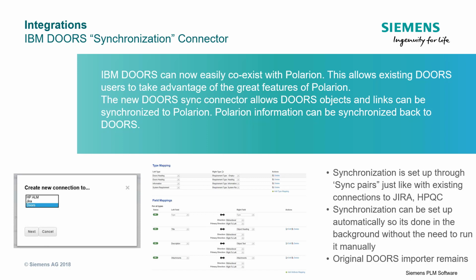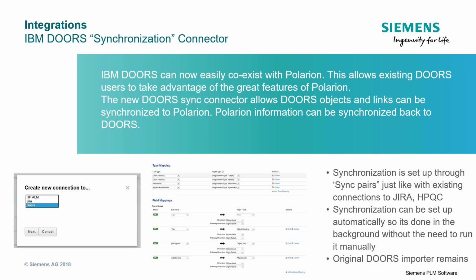Now with the synchronizer, just like the name suggests, and similar to what we already support for Jira and HP, you're able to not only import data from Doors, but also export data from Polarion back to Doors.